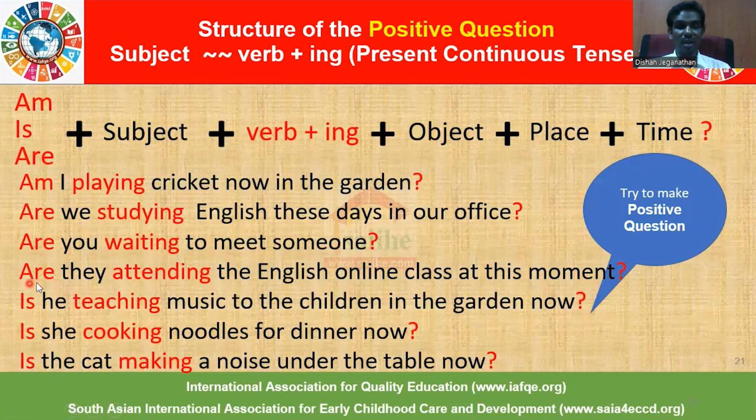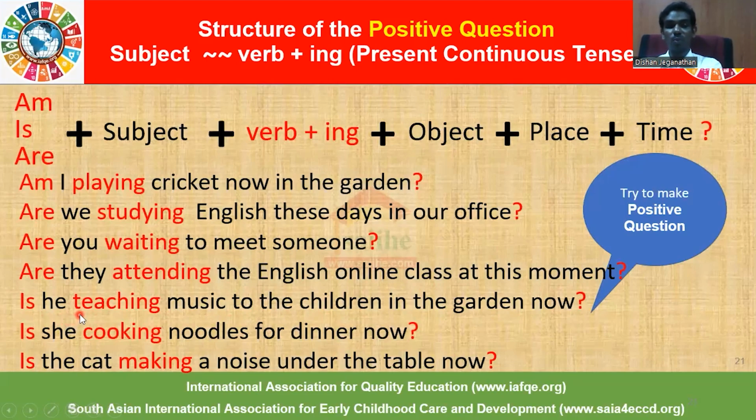Are they attending the English online class at this moment? Question begins with are, followed by they. The verb is attending the English online class at this moment. Is he teaching music to the children in the garden now? Is is the question word followed by the subject he.